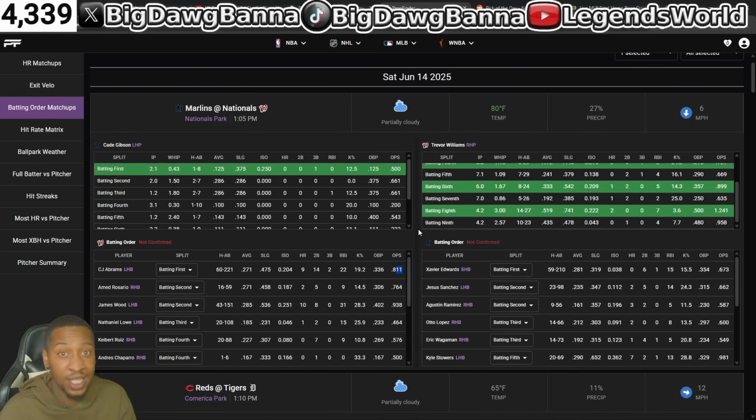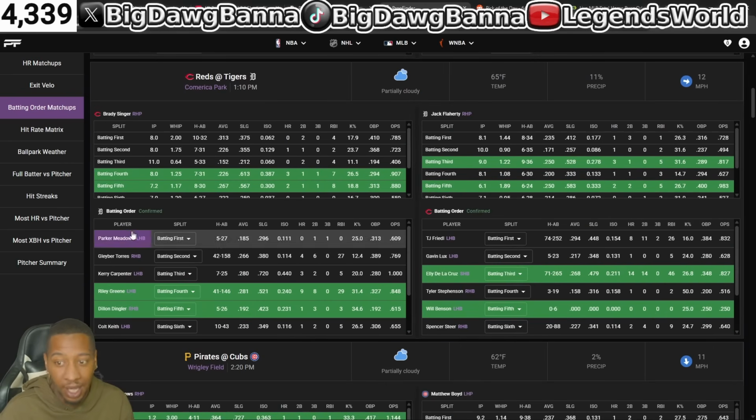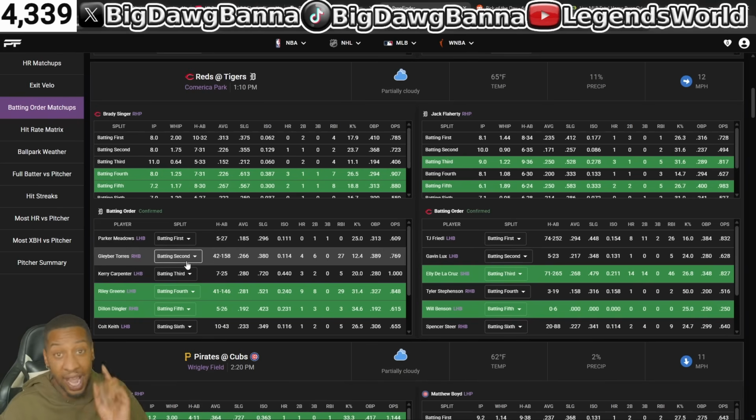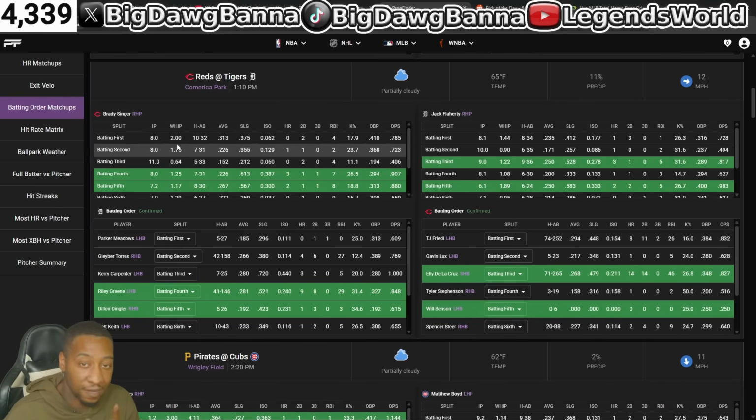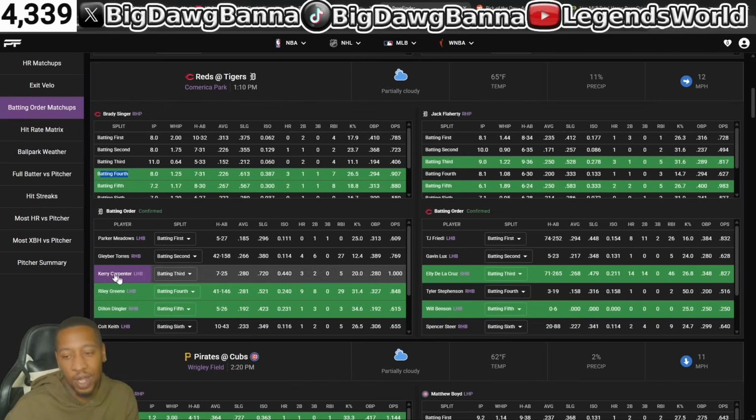When the lineup is confirmed, like this game, it'll say confirmed. It'll put the batters in order with that spot. And when the lineup is actually confirmed, not only will it highlight up top the batting order spots that are weak to the pitcher, it's going to highlight the actual batter in that spot, so you don't even have to worry about guessing no more.